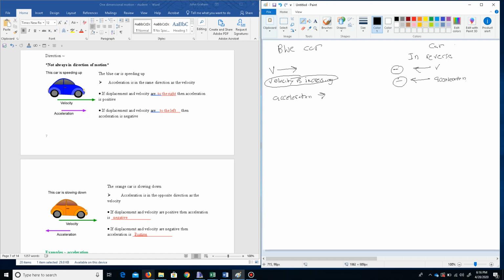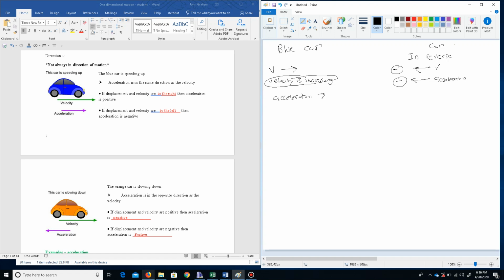The fact that we're going in reverse doesn't mean that this car isn't speeding up. They may very well be pushing the gas down harder, having that speedometer go up, but they're going in reverse direction, which makes it negative. So when the velocity and acceleration are in the same direction, that's when you have speeding up.